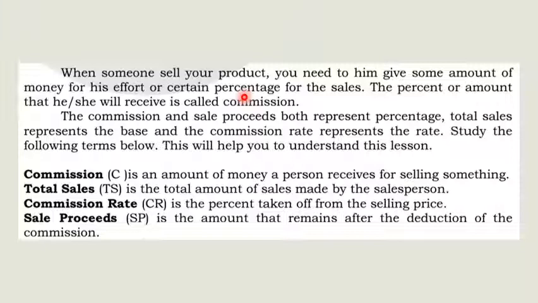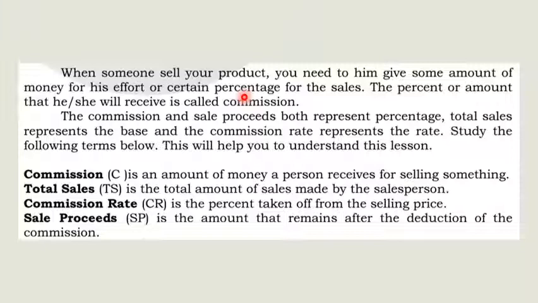Halimbawa, may friend kayo na meron siyang isang item na gustong ibenta. Ngayon, kayo yung naghanap ng buyer or yung bibili doon, yung binentang product o yung kung ano man yung pera makukuha doon sa product na yon, bibigyan kayo kasi kayo yung tumulong upang o kayo yung gumawa ng paraan upang mabenta yung product kahit hindi naman inyo. So, ang tawag doon ay commission.